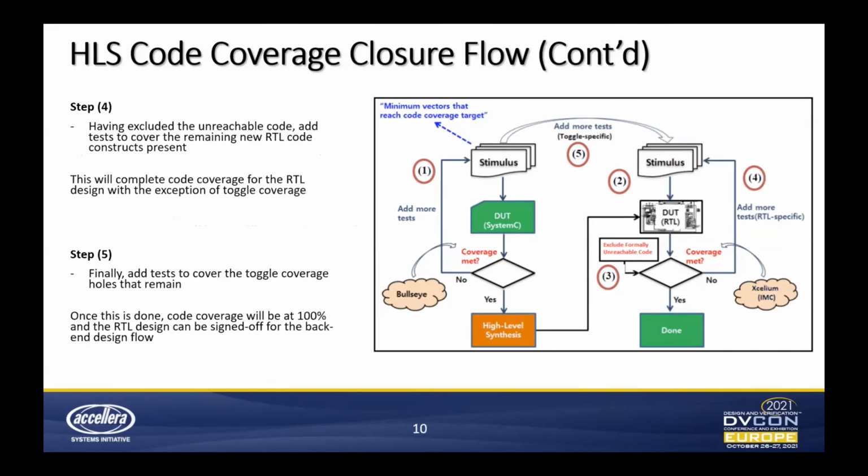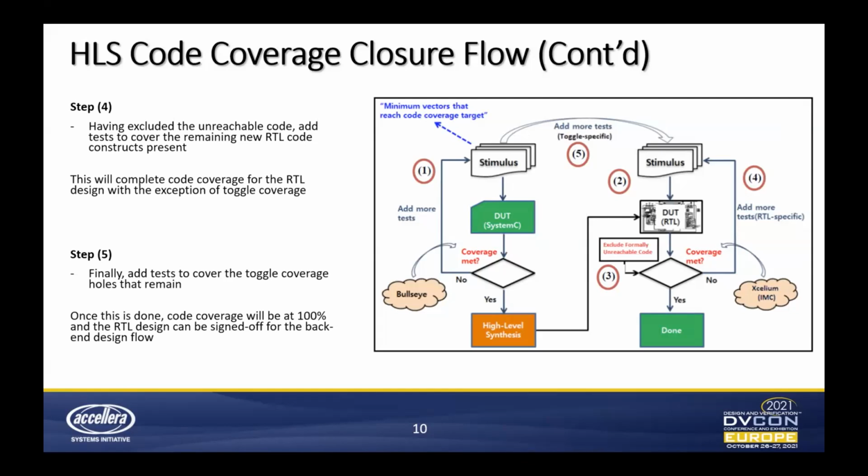This slide gives details about the final 2 steps of the code coverage closure flow. In step 3, we have already excluded the unreachable RTL code. Hence, in step 4, first identify and then add tests to cover the remaining new RTL code constructs present.